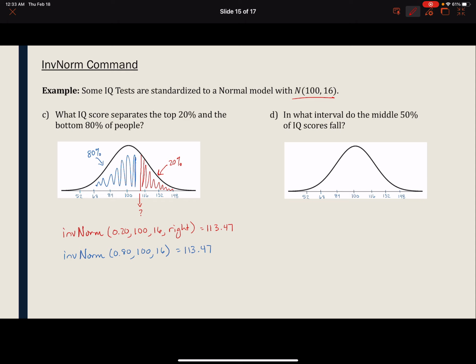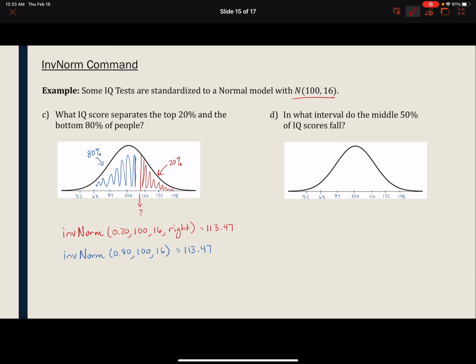So the middle 50%. Remember that the 68, 95, 99.7 rule said that the middle 68% was separated by the interval from 84 to 116. The middle 95% is separated by the interval from 68 to 132, and the middle 99.7% of data is separated by the scores of 52 to 148.